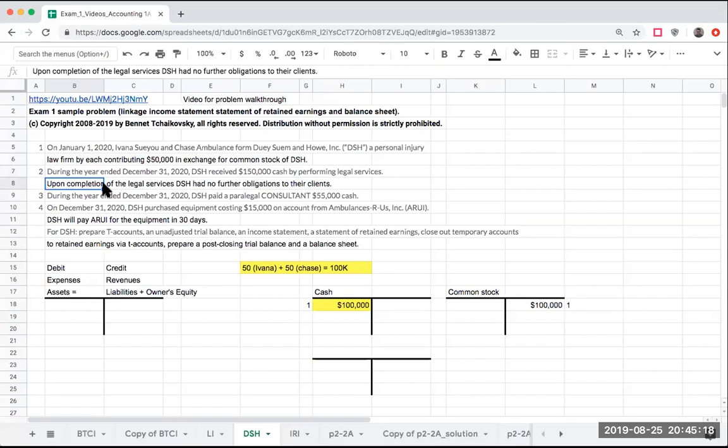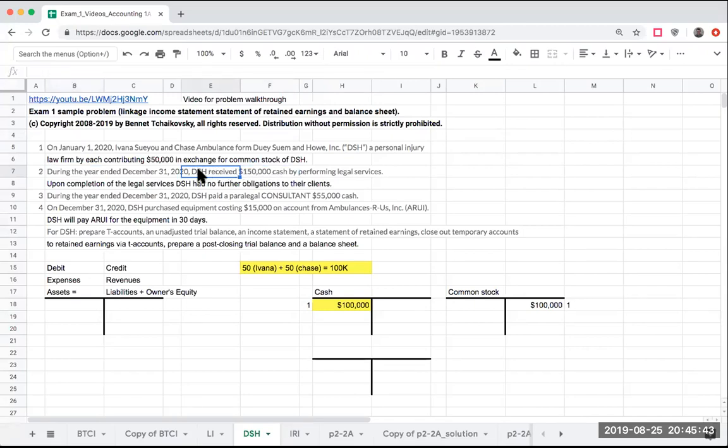I perform the services, and what do the clients give me? Accounts receivable? Well, is it accounts receivable, or what am I receiving? Cash. I'm receiving cash, right? If it was accounts receivable, you'd have to see language like "on account." But in this case, they're giving us cash.